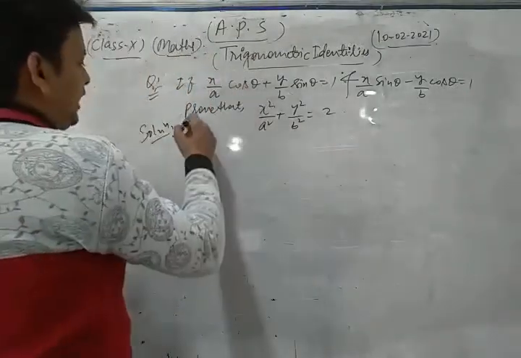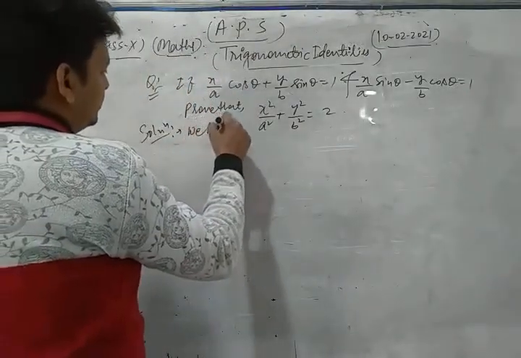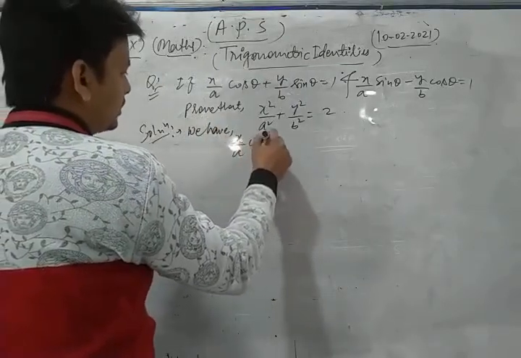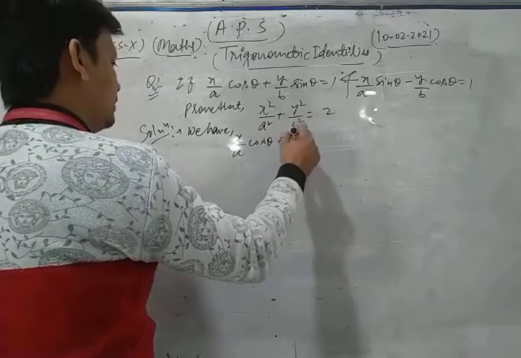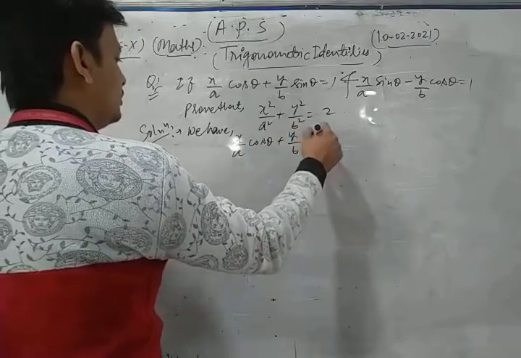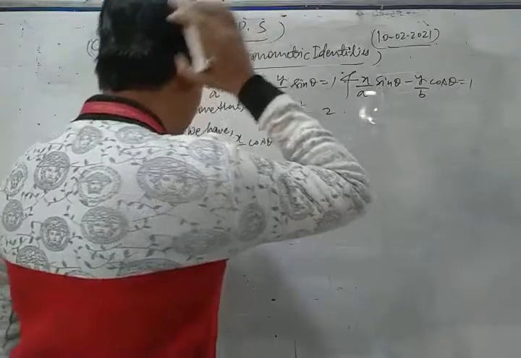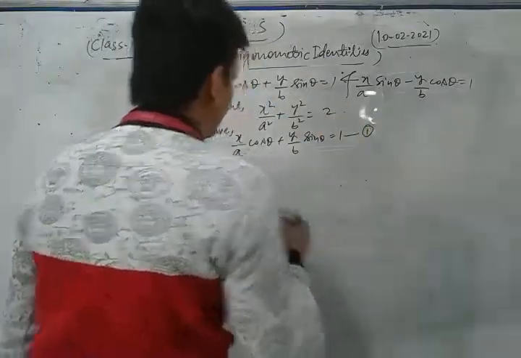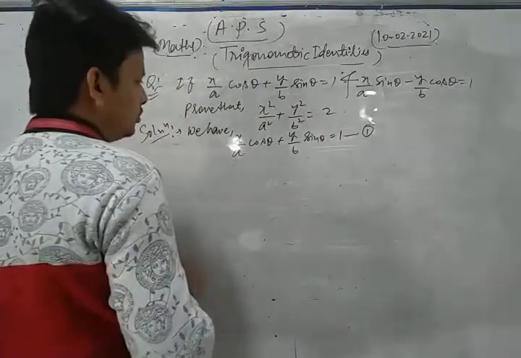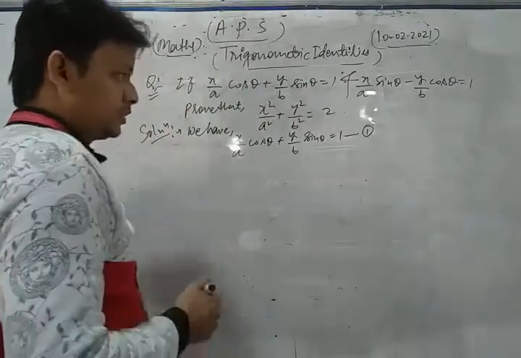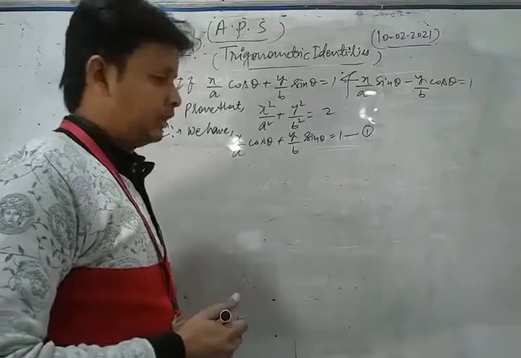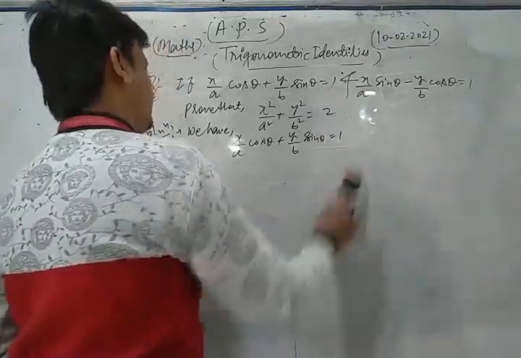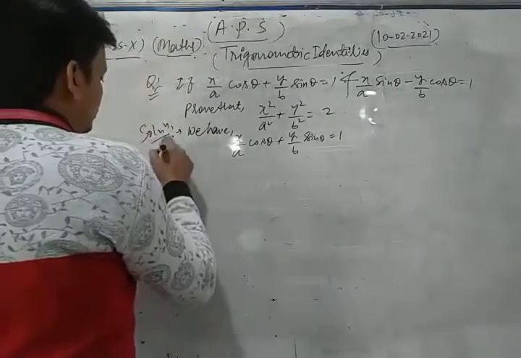So firstly we can write: we have x upon a cos theta plus y upon b sin theta is equal to 1. Take this as equation number 1, and now squaring both sides.